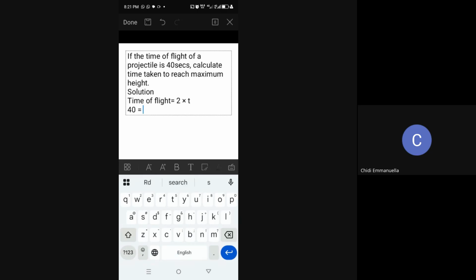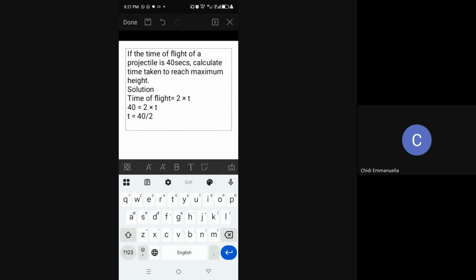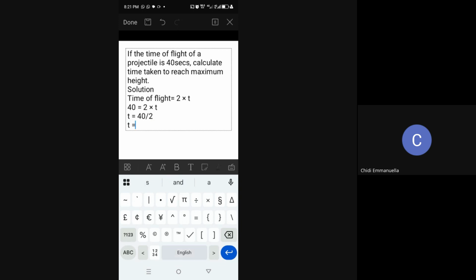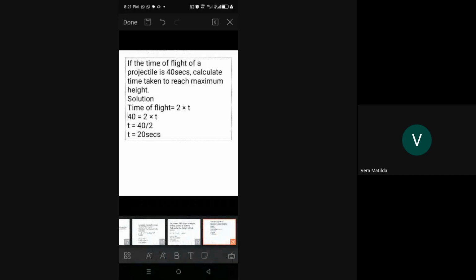So 40 is 2 times time taken to reach maximum height. So it means time taken to reach maximum height is equal to 40 over 2. So time taken to reach maximum height is 20. Okay, very good. Thank you, Joe.